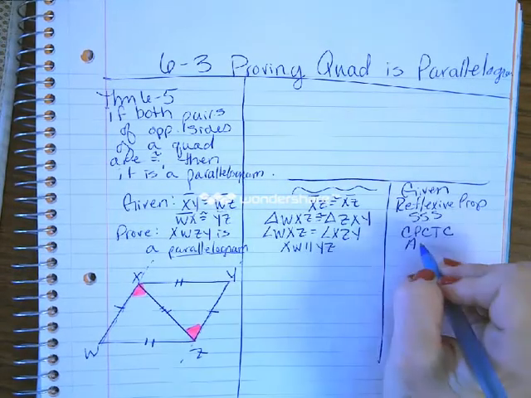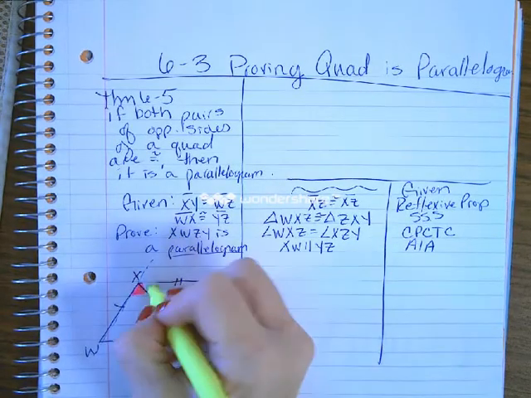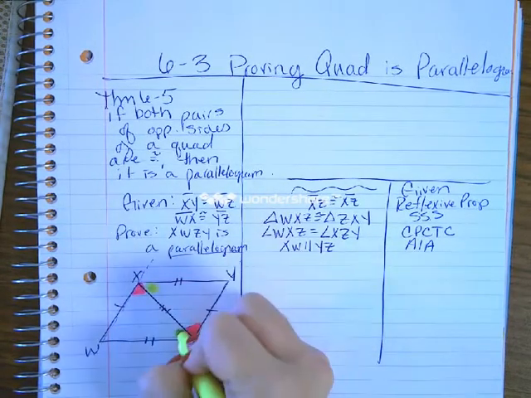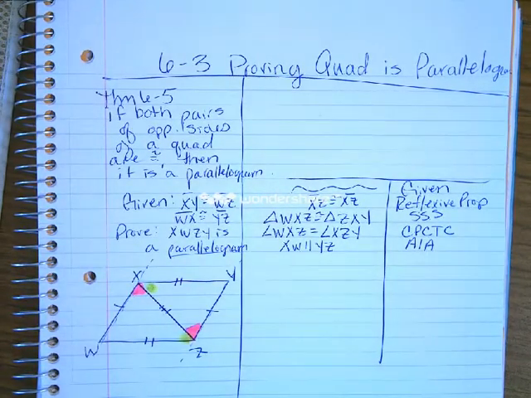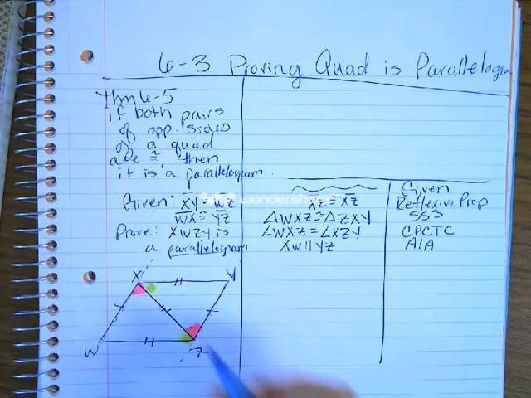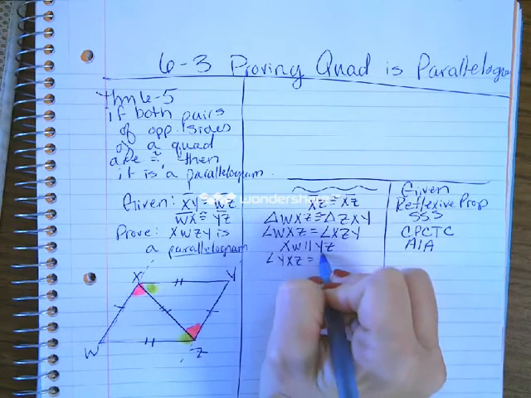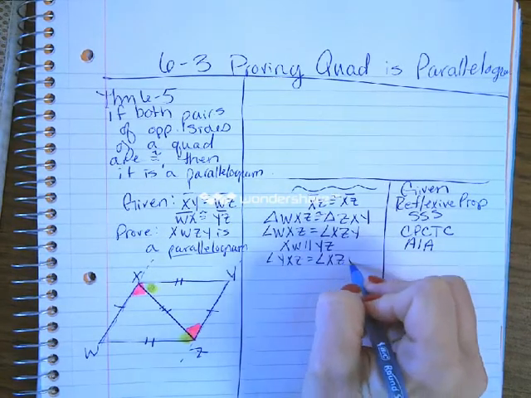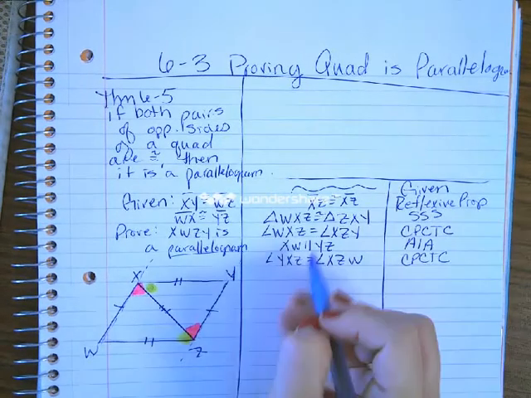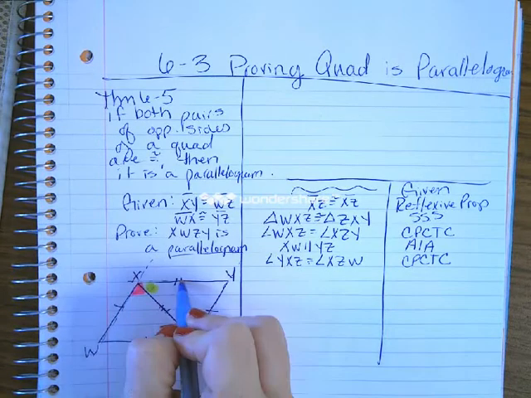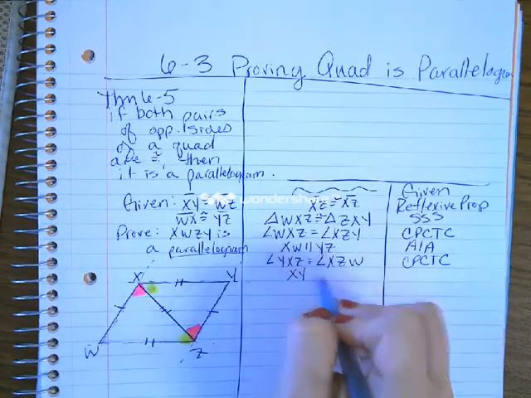Now, I also have another set of alternate interior angles here. I have that one and that one. Those angles are also alternate interior angles, and they are also congruent by CPCTC. They're congruent because the triangles are congruent, and because they're congruent, that makes this line parallel to that line, because they're alternate interior angles.